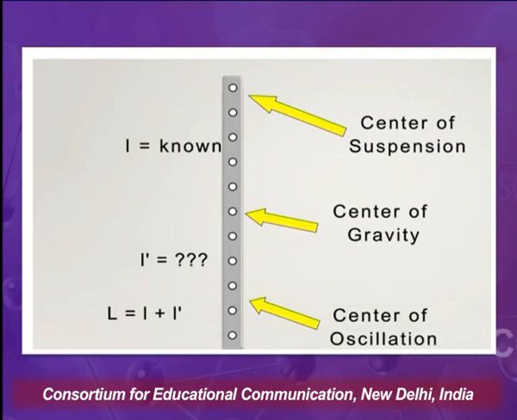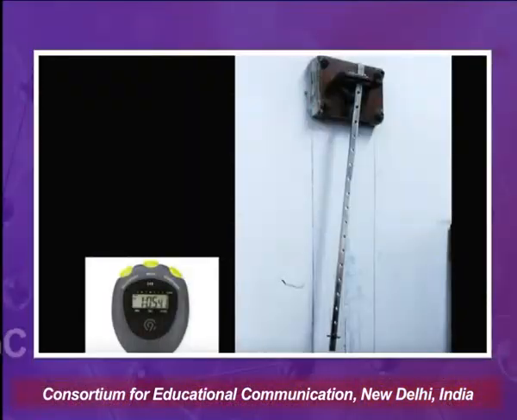When you are performing the bar pendulum experiment in your lab, first you have to choose the center point. So this is the setup. Now we are ready to do the experiment. You can see that our bar is ready. We have a stopwatch also. We hang our bar, the rigid body, from the top hole, the top hole from the A side.